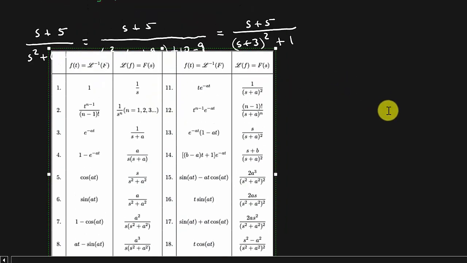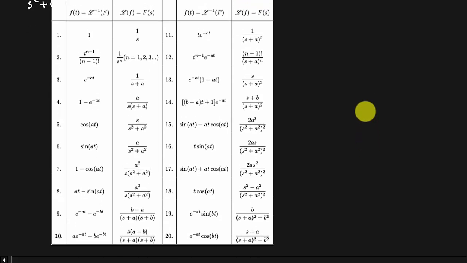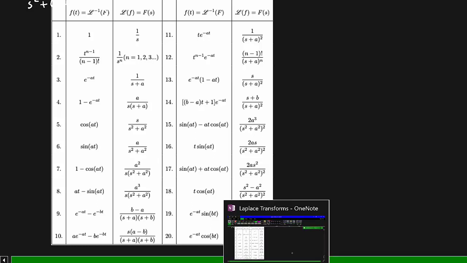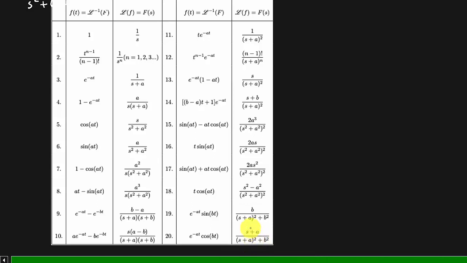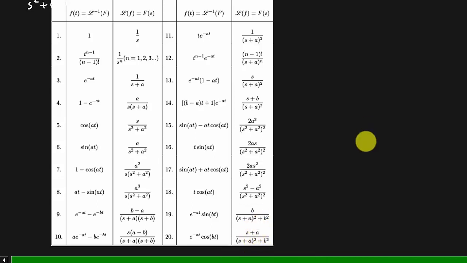So if you look at this, you see how we have the s plus 5 and the s plus 3 squared plus 1. Let's look at this denominator, s plus 3 squared. Well, if we do that, this a down here has to be up here also. And we don't have an s plus 3 up here.